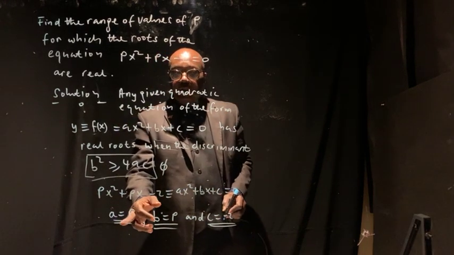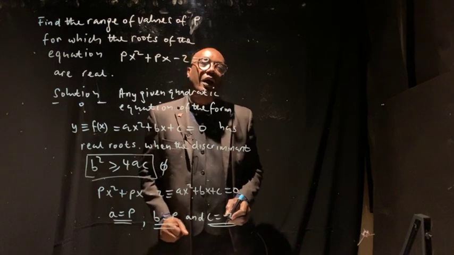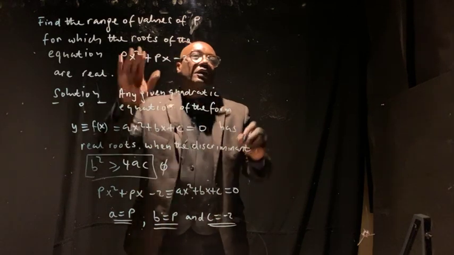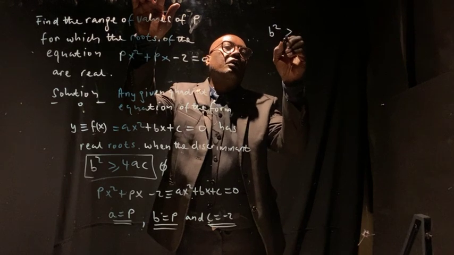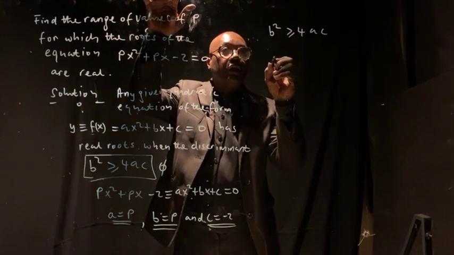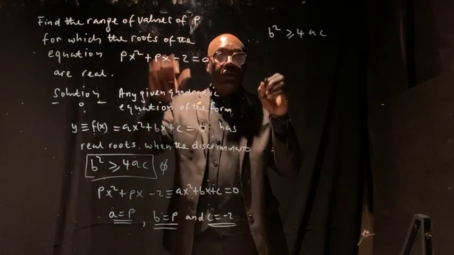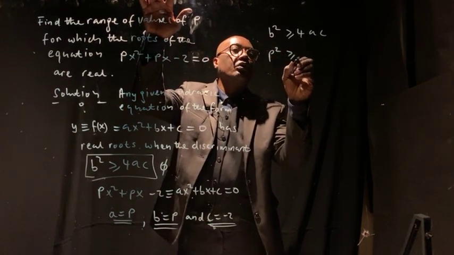In that brevity, we bring everything that we see here and put it back into equation 5. In such case, b squared greater or equal to 4ac now becomes: what is b squared? b squared is p squared, greater or equal to 4.